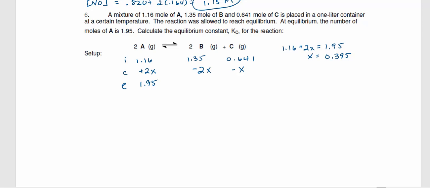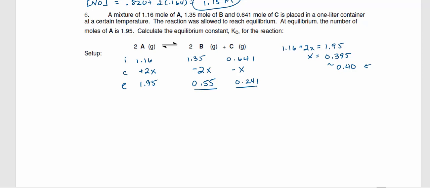Now, when I calculated this, I ended up taking 0.40 because we only have 2 digits after the decimal places here. Not sure that was wise, but that's what I did. So we can calculate our equilibrium concentrations. 1.35 minus 2 times my x value, I end up with a value of 0.55 here. And for C, 0.641 minus x, I get 0.241.